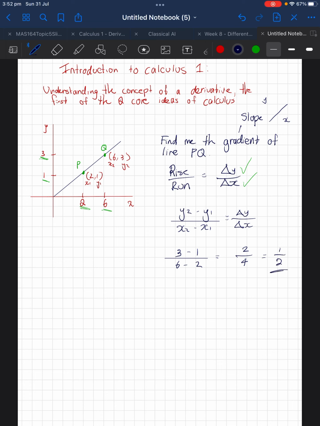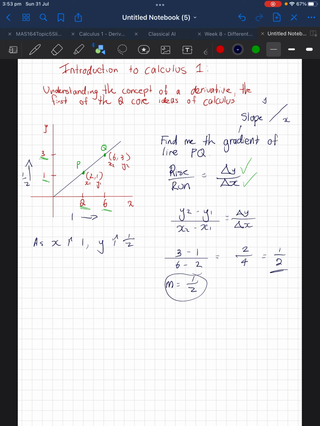So this is now the gradient. So gradient is usually denoted with m equals half. And what this means is, as x increases by 1, y will increase by half. So y will go up in increments of half. Right, so that's a throwback to year 9 and what a linear equation is.